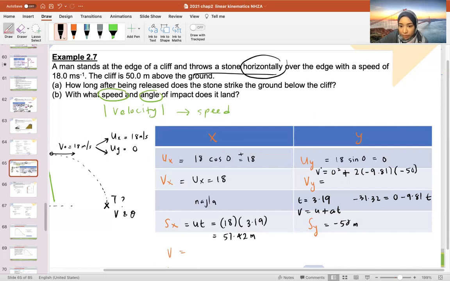Akan dapat V squared, right? So yes, and the answer is negative 991.81 point... no point. Okay, that's this one.